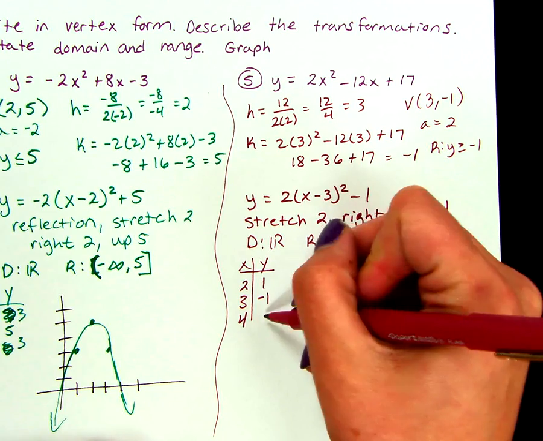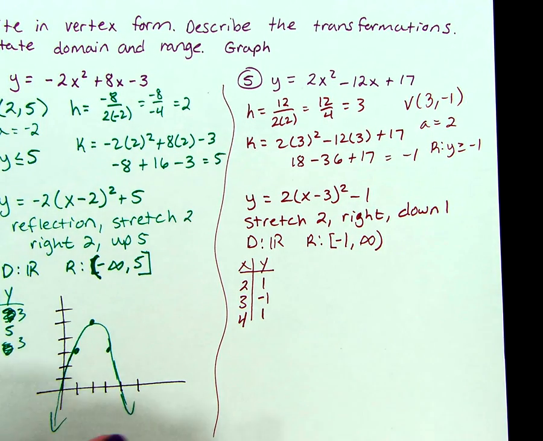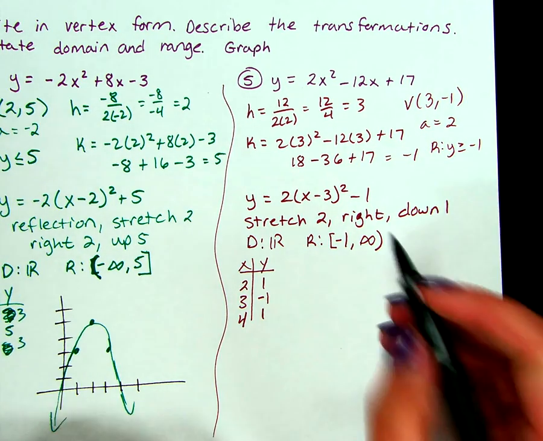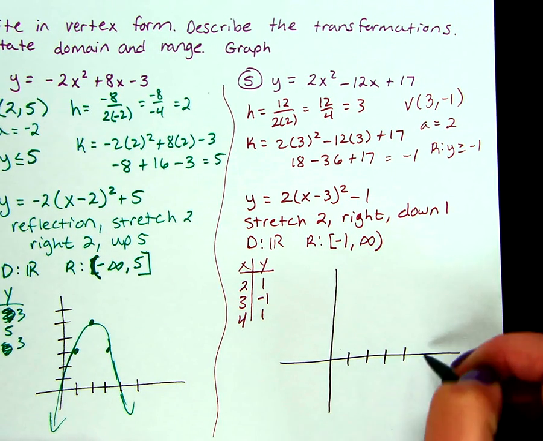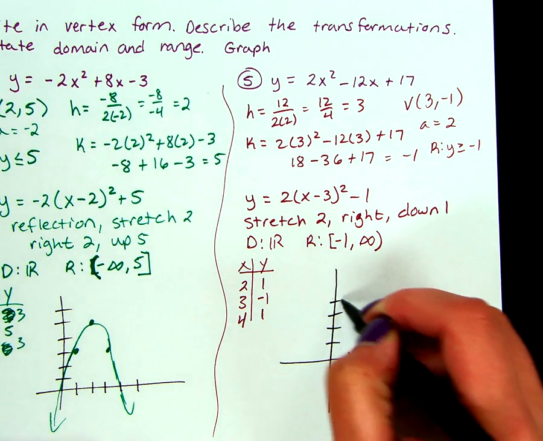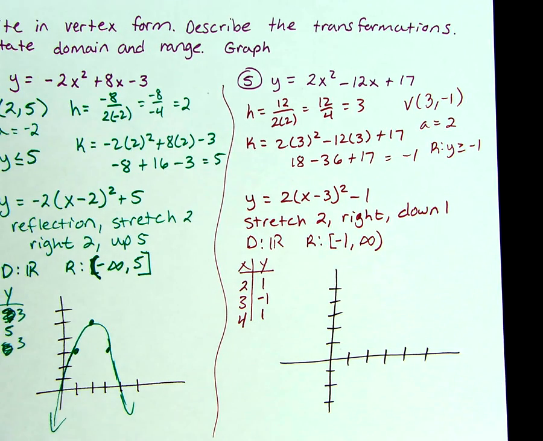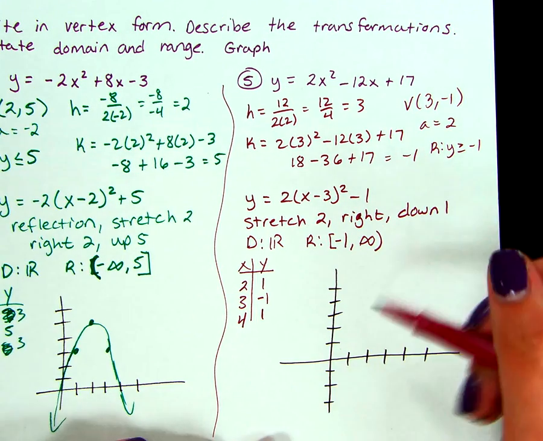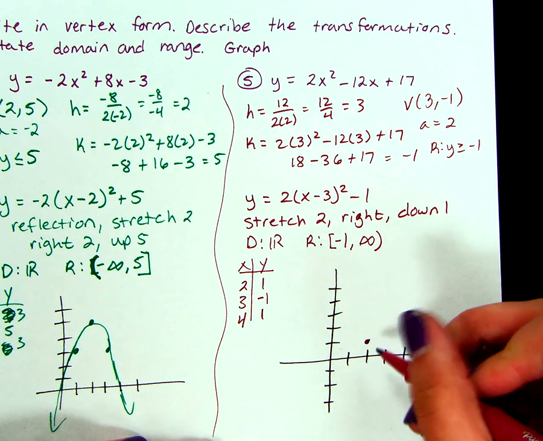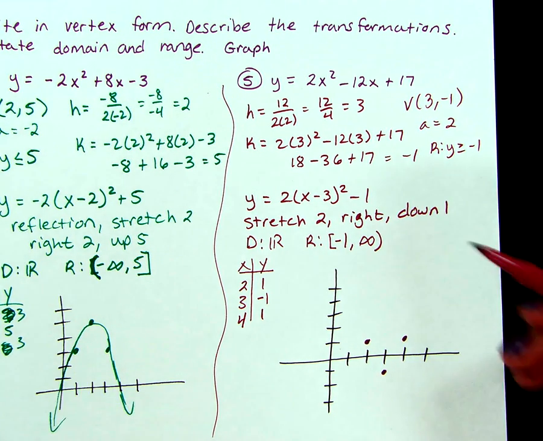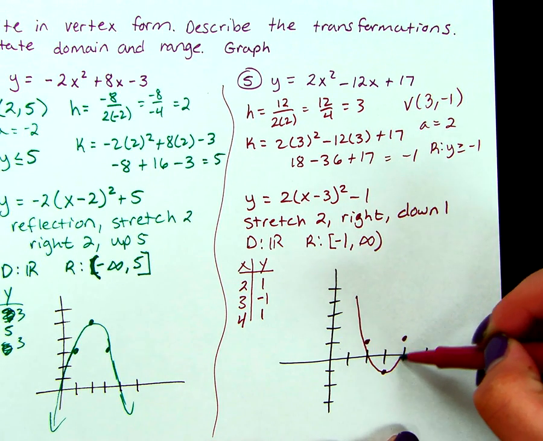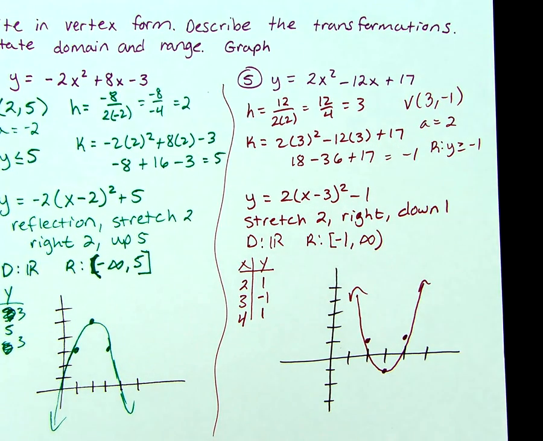And since our graph is symmetric, that means the other point will also be a 1. So making our graph here, first point we are going to go right 2 up 1, right 3 down 1, and right 4 up 1. And then again, connect it into the U shape. And that would be our final answer, and that will also conclude section 7.